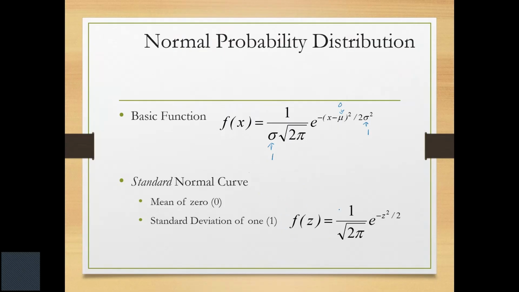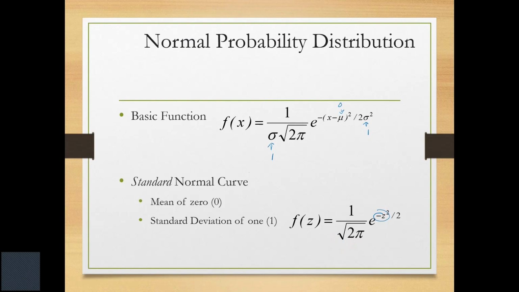And then this thing, the basically x minus mu, becomes a z-score. Okay, so we will work with this simplified function as the standard normal function.